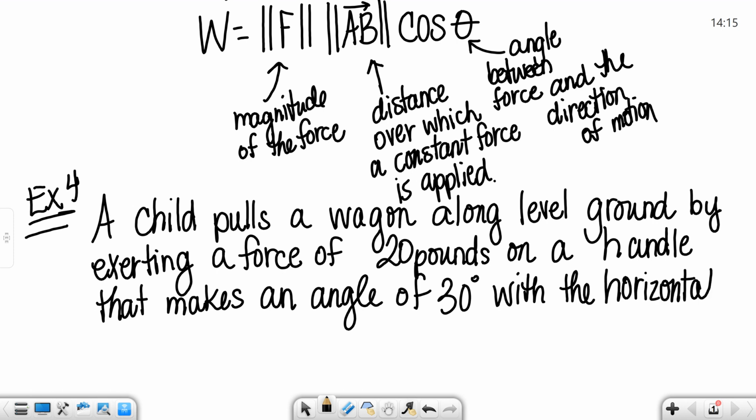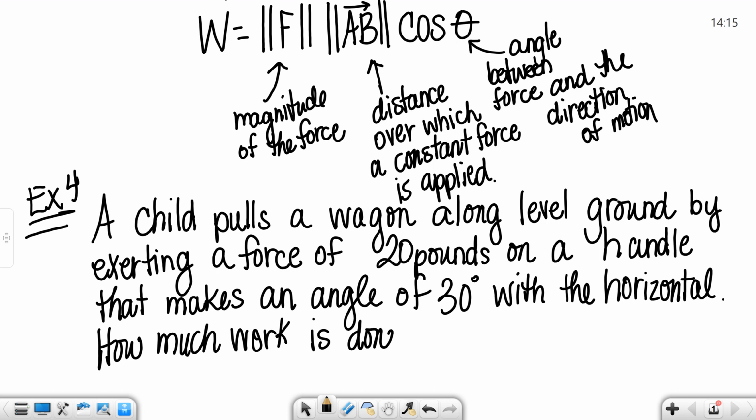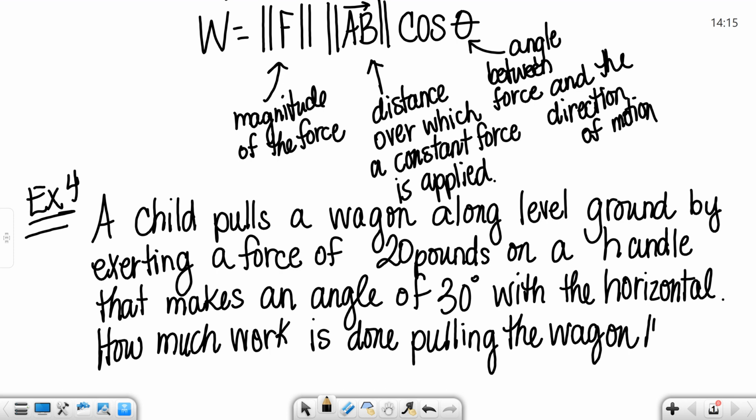So you can imagine a child holding the wagon handle, and they're not holding it up real steep because it's only forming a 30-degree angle. We're not going to draw that. How much work is done pulling the wagon 150 feet?